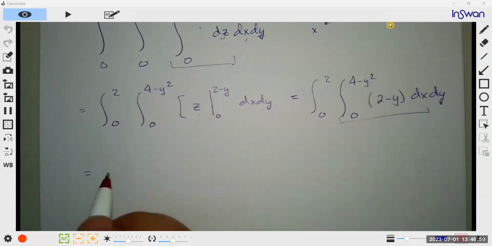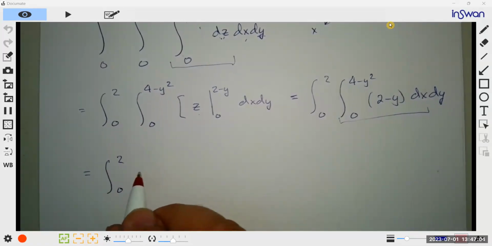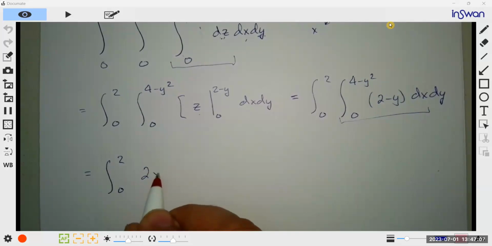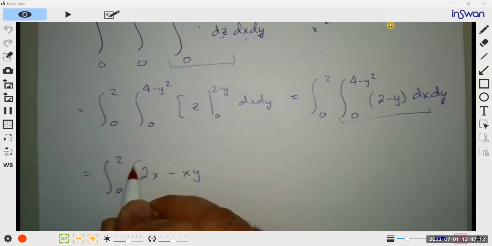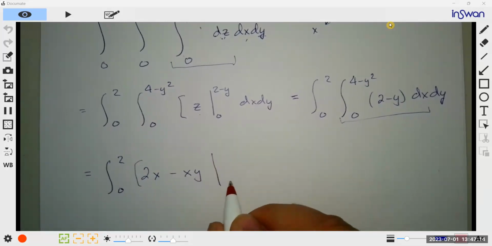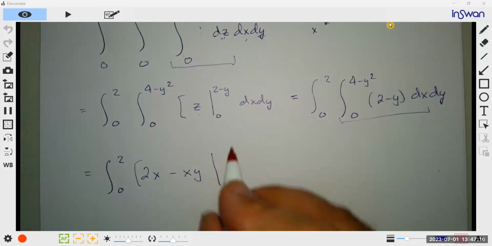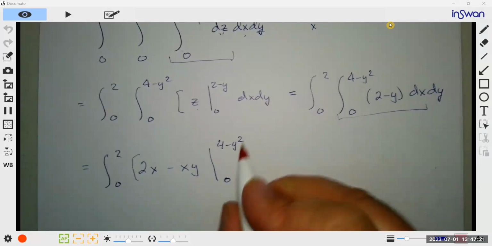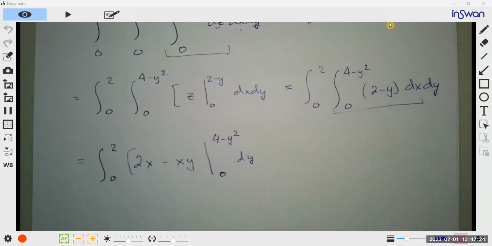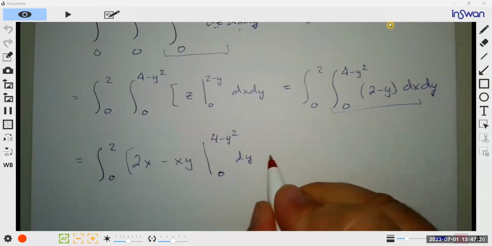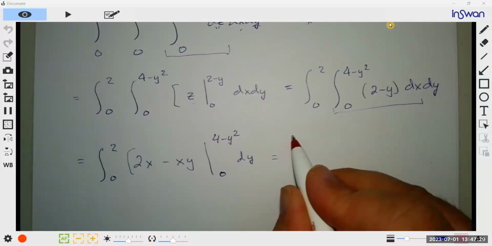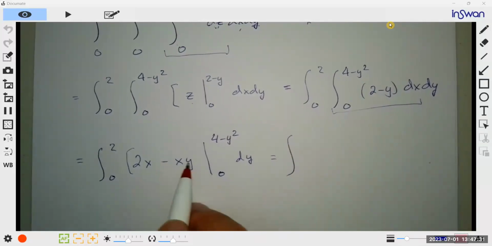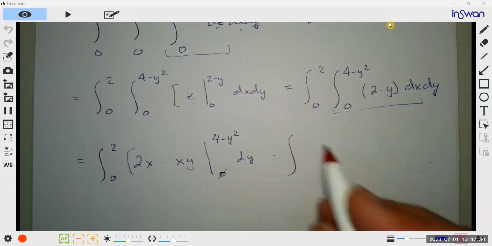Now we take it with respect to x, which is going to be 2x minus xy from 0 to 4 minus y squared. Since they both have x, the second part should be 0. We don't have to worry about that one.